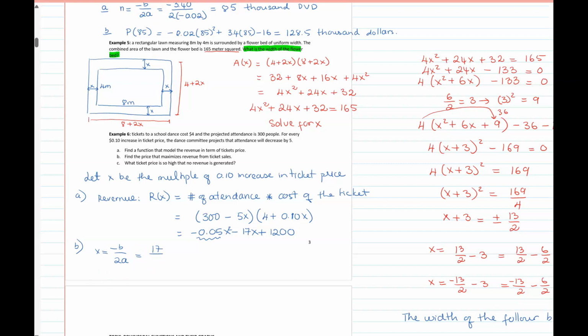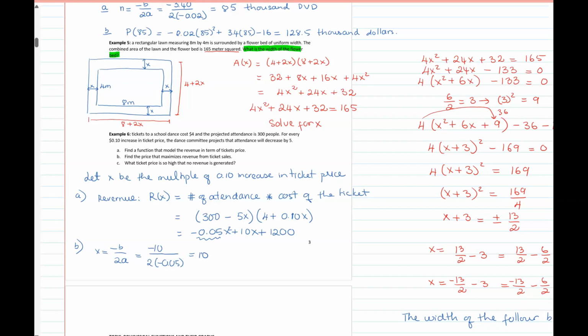In this equation right here, it should say 10x. So negative b now becomes negative 10 over 2 times negative 0.05, and this equals 10.